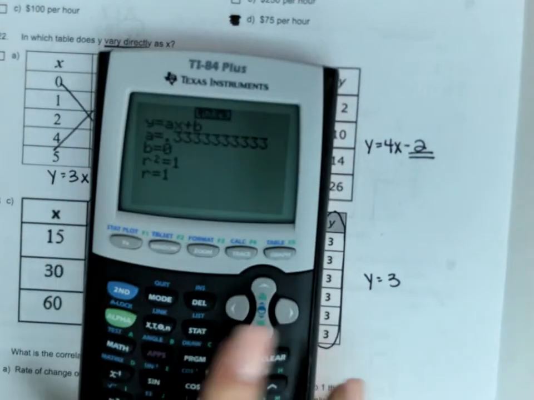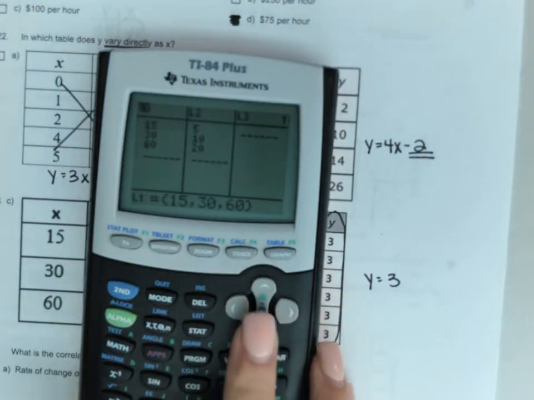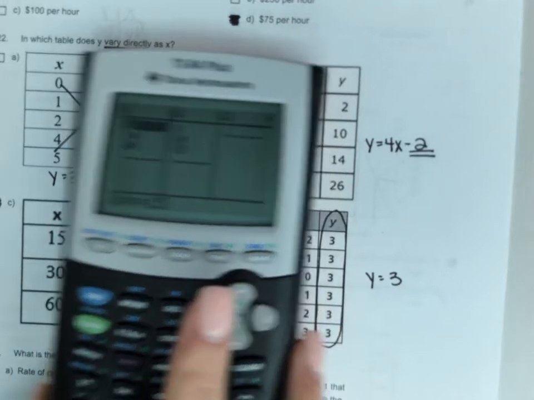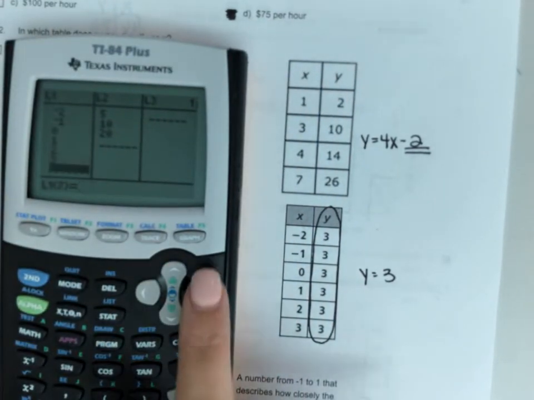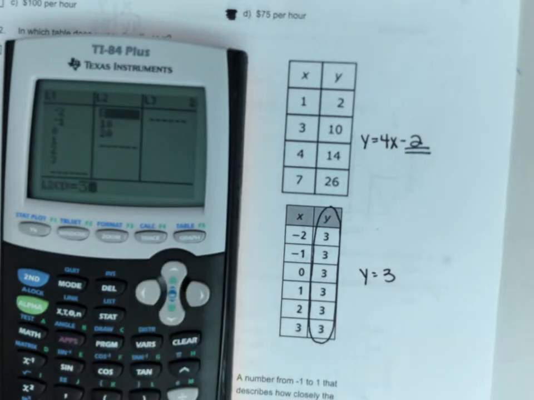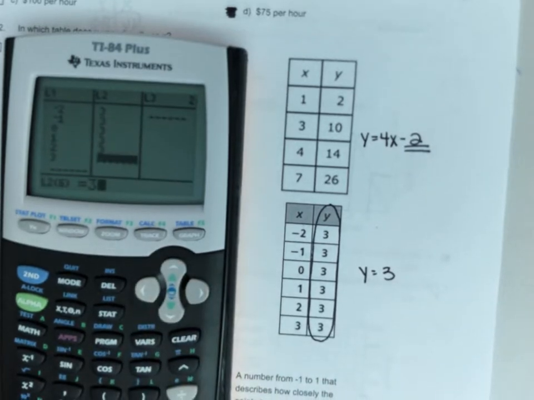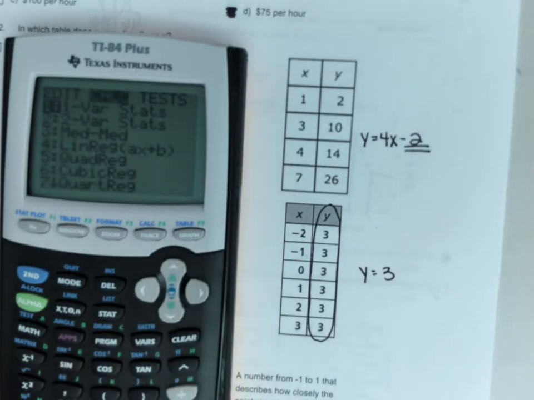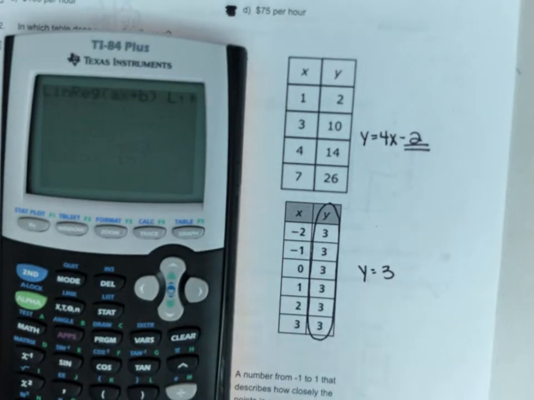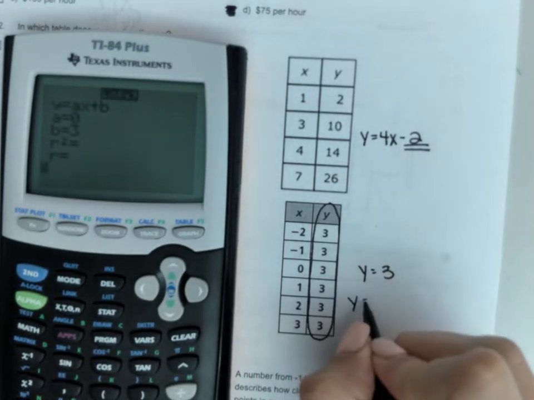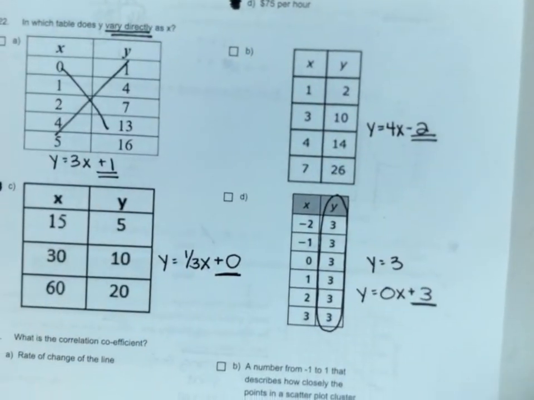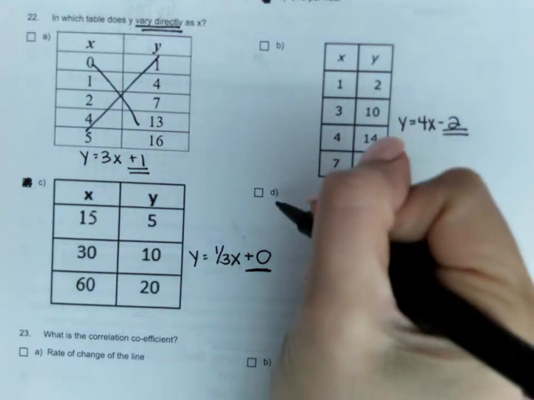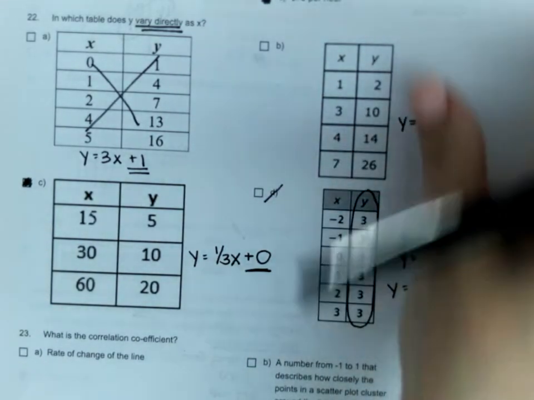So if I was to put this in stat, right, 4, I get that my a value is 0. Y equals 0x plus 3. It's that b value that we need to be 0. So this is also not direct variation.